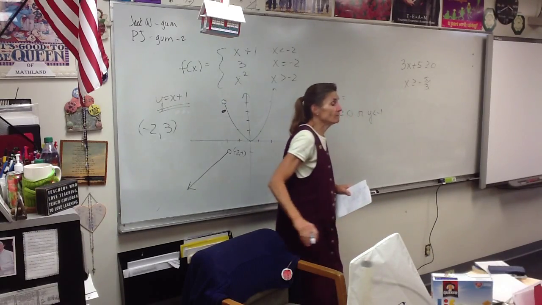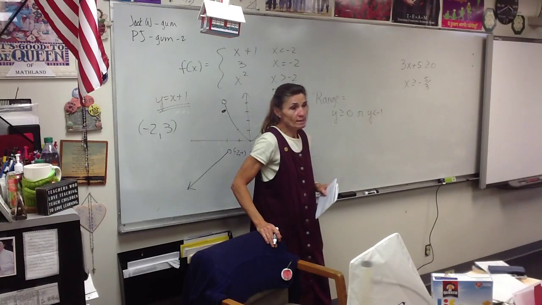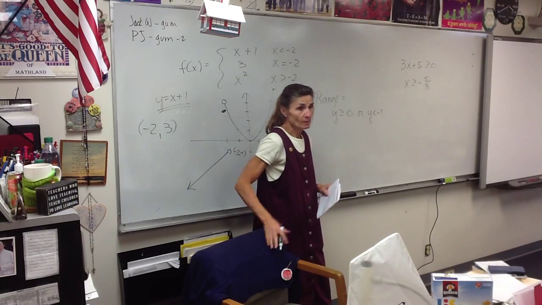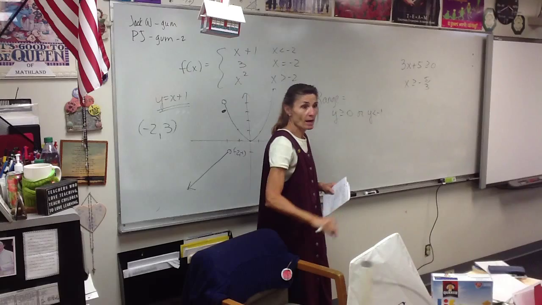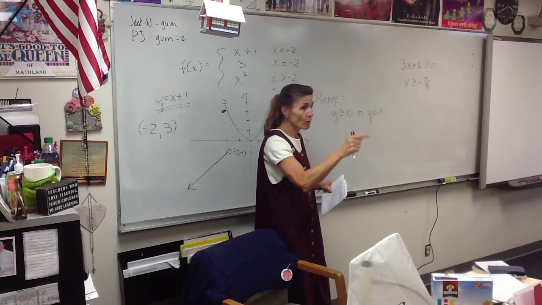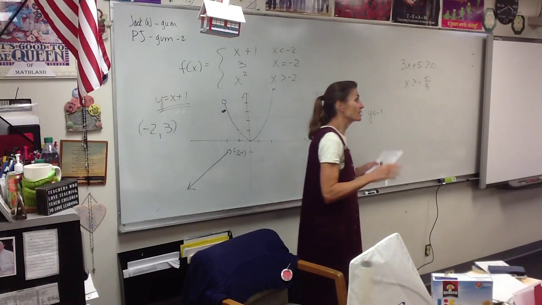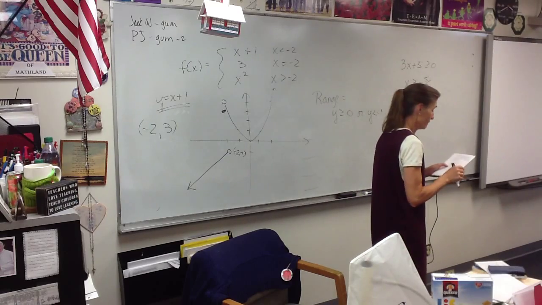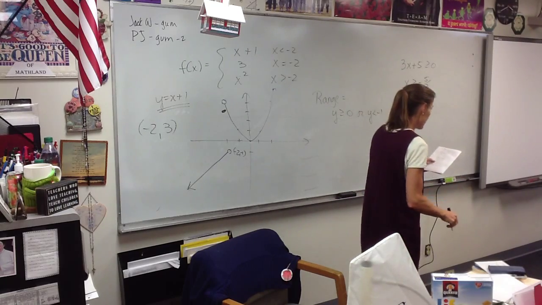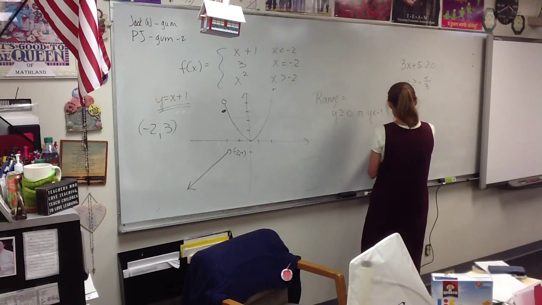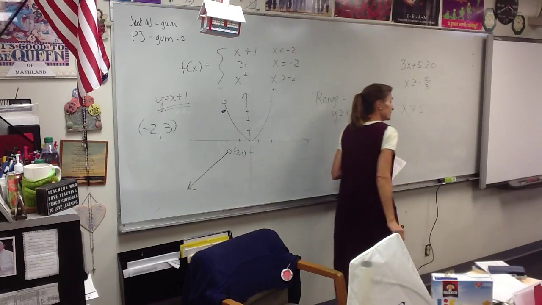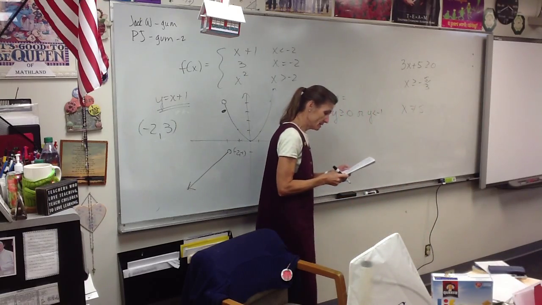B, what's the domain? All real numbers. Why? No denominator, no radical, no issue, unless it's something like a logarithm or something weird. C, what's your domain? x cannot equal 5 because the denominator cannot be 0.